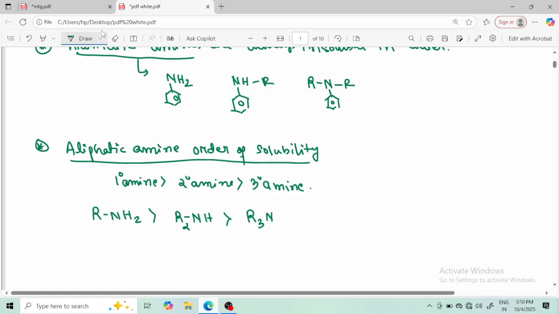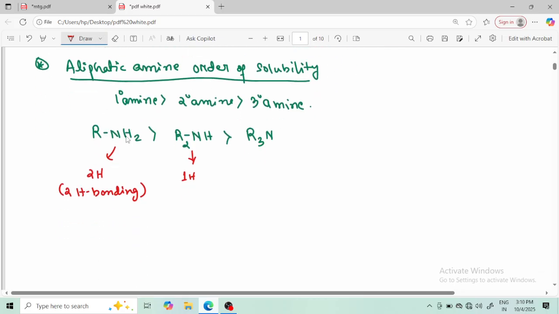So how many hydrogens does it have? This one has 2 hydrogens, right. So 2 hydrogens means 2 hydrogen bonds with water, okay. So this one has how many? 1 hydrogen, so it will make only 1 hydrogen bond with water, and this one has 0 hydrogen. So since this one has 0 hydrogen, it will not make any hydrogen bonding with water. I hope you understood this. So that's the reason, okay.